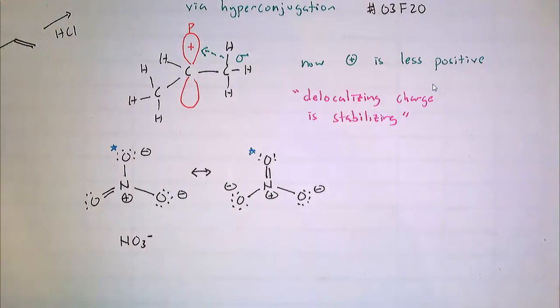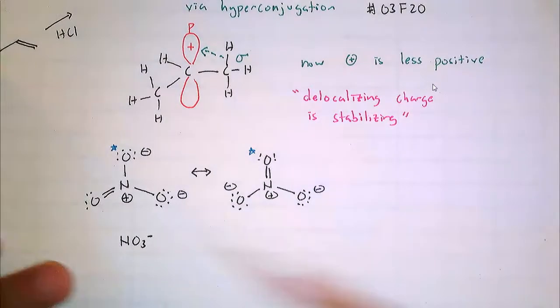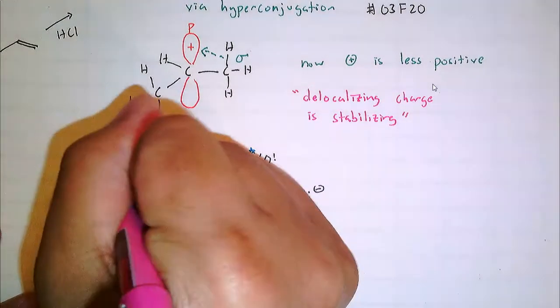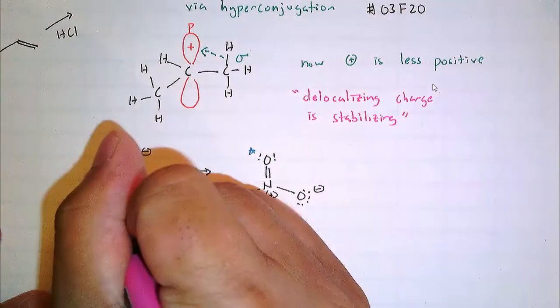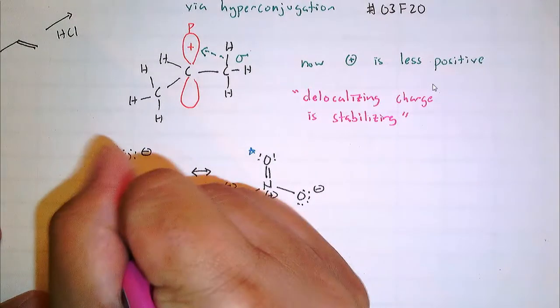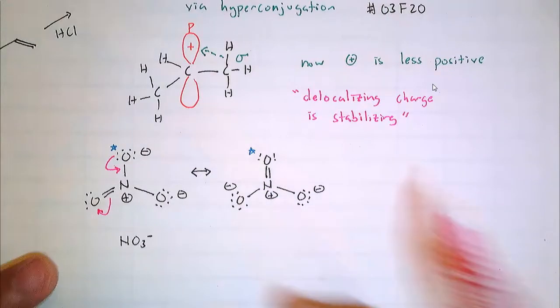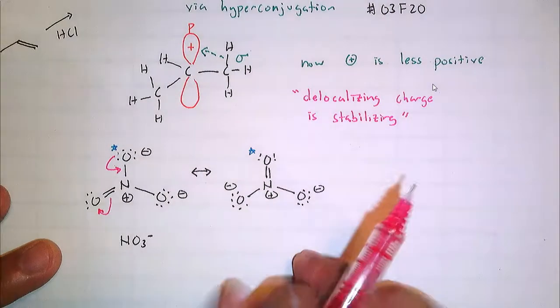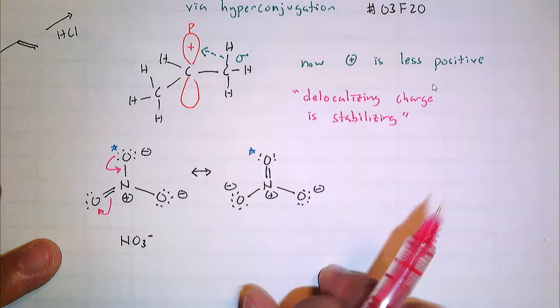In organic chemistry, not only do we need to know how to draw the resonance structures, but how do we go from one structure to the next? So we do have to use mechanism arrows, but this is not a mechanism for a reaction. It's a mechanism just to show different Lewis structures, different resonance structures.